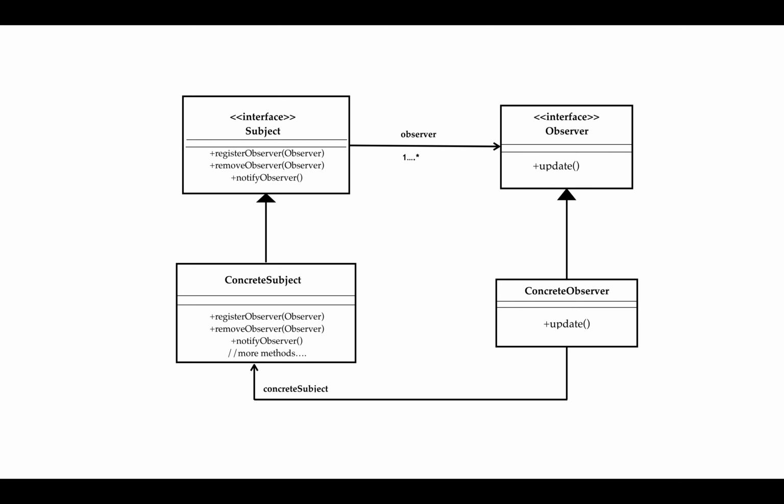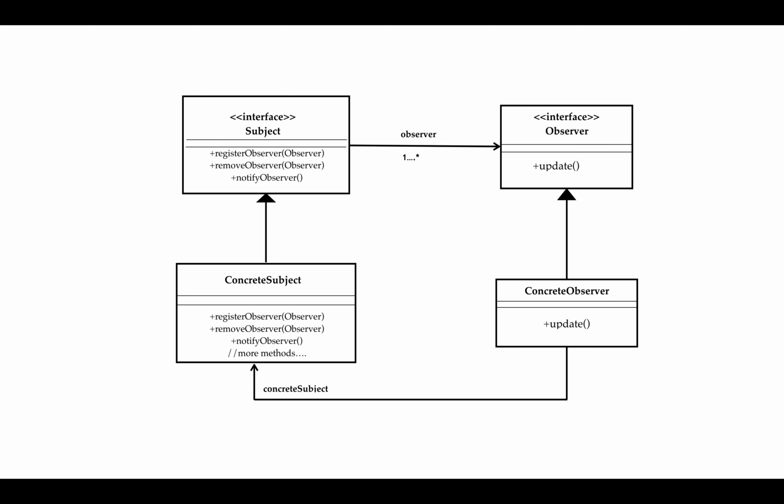In reactive API, or let's say in RxJava, the subject is called observable and the observer is an observer. So see here, the concrete subject implements the notify observer method, which is used to update the current observer when its state changes. An observer interface is an updating interface for objects that should be notified of any change in the subject, or in the case of RxJava, in the observable.